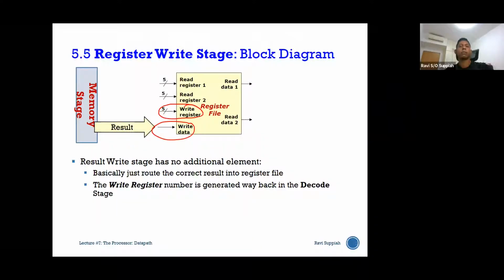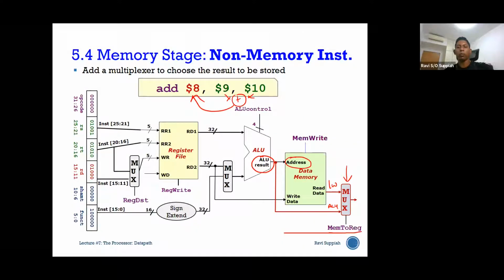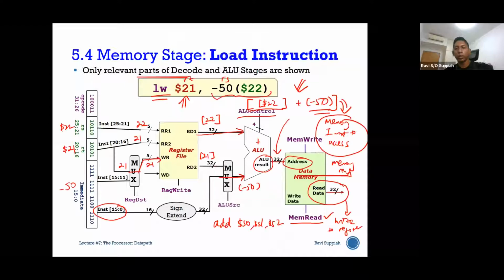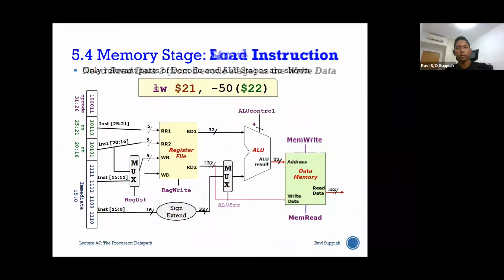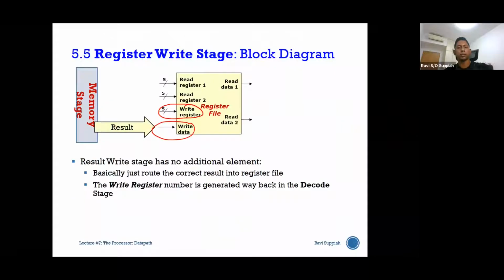What you now have is the write data, because you have either completed the ALU operation, so the result is available, or you have completed a load word instruction and already accessed the data from the memory. So right now the data that you want is also available.